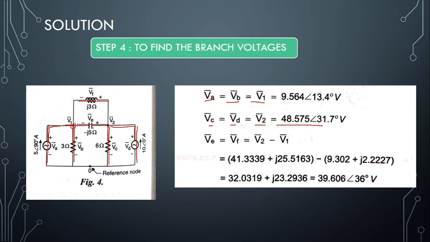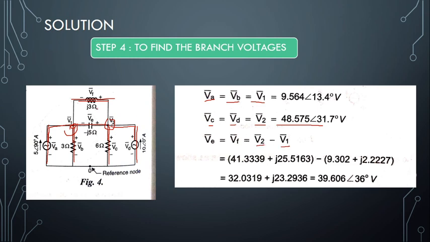But VE and VF are connected in common to V1 and V2. So, when such a common connection is made, then the voltage across these two elements will be the potential difference between the two nodes. Potential difference means this potential minus this V1 potential. So, this is going to be V2 value minus V1 value.